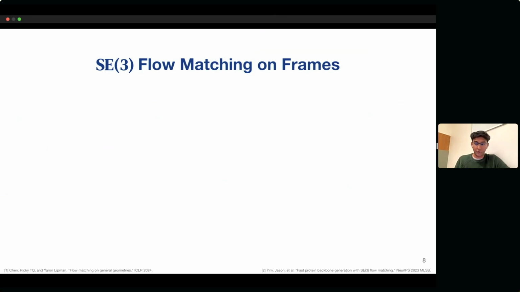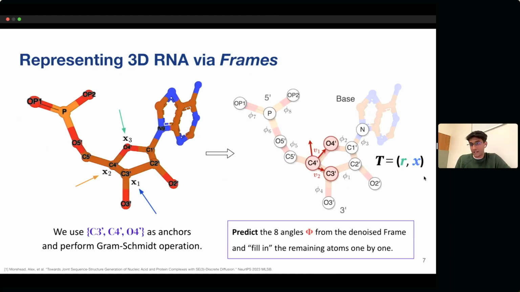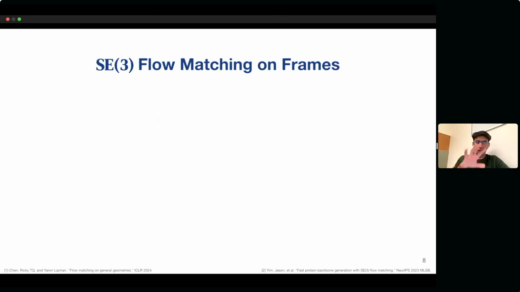SE3 is essentially the group of all rotations and translations, which is the set you can sample from to create these diverse backbones or to place these atoms or nucleotides in 3D space. So we do flow matching on this set, and we want to generate a set of these rotations and translations. We want to predict those angles and get the other remaining atoms, and that allows us to recapitulate or retrieve the full atomic resolution structure.